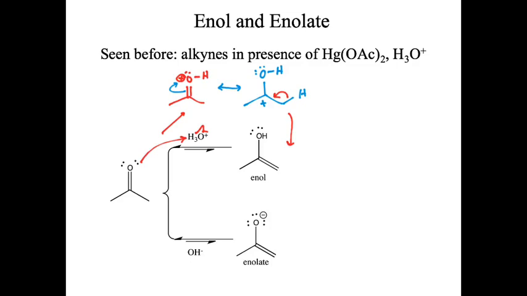So we can get to that enol structure either through an acid-catalyzed reaction or a base-catalyzed reaction. The base one, in my opinion, tends to be a bit more obvious to see. It doesn't guarantee it, but it's at least in my mind an easier transition. In both cases, this process, either going from the keto form to the enolate or the keto form to the enol, is known as tautomerization.